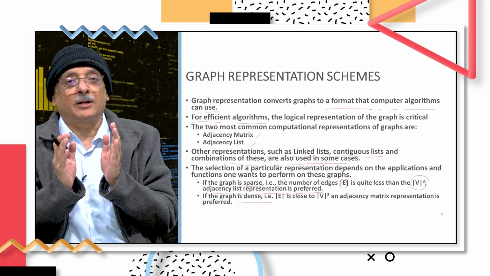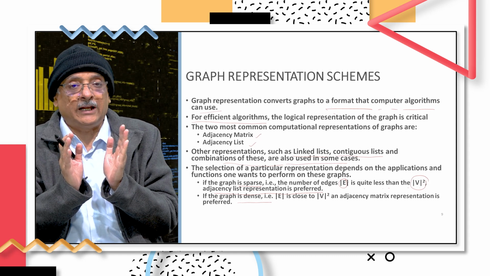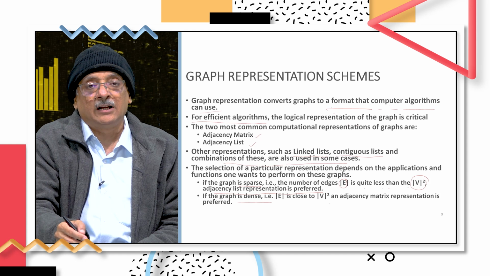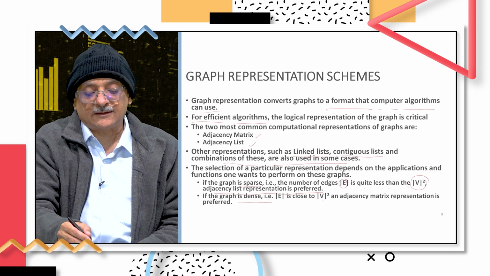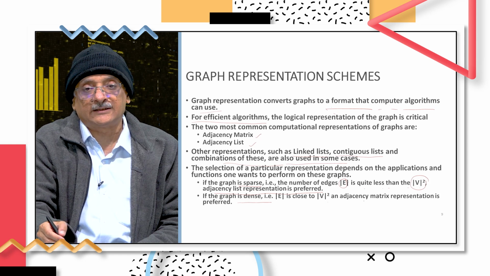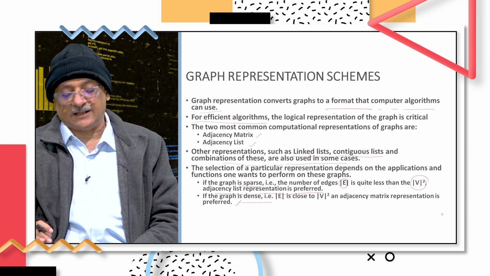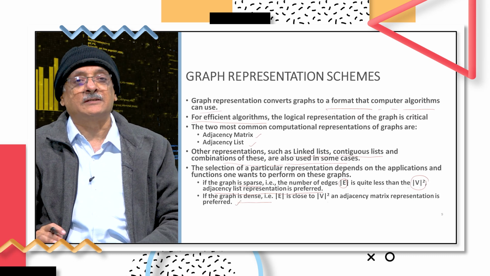That means the number of edges is very less. Whereas in a dense graph, the number of edges is very close to V square, and adjacency matrix representation will be preferred in such cases. So, let us look into these representations.